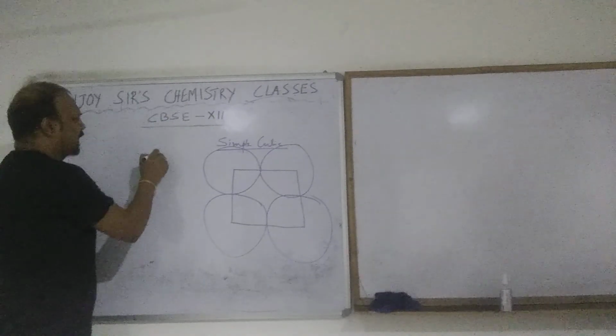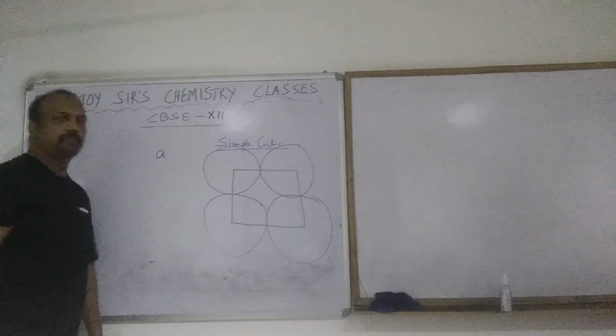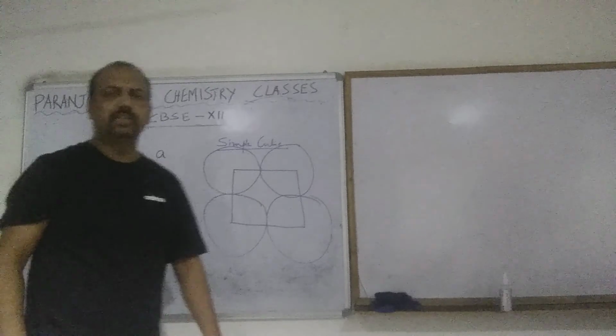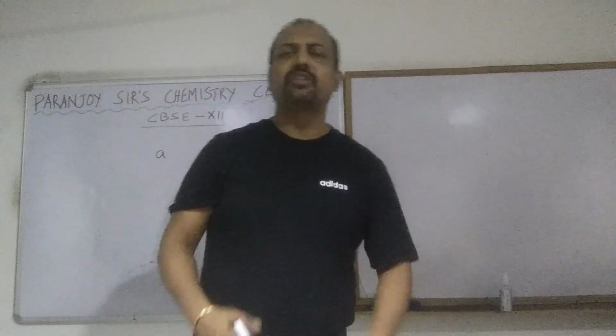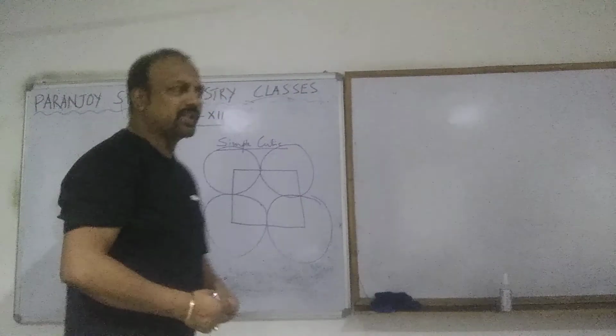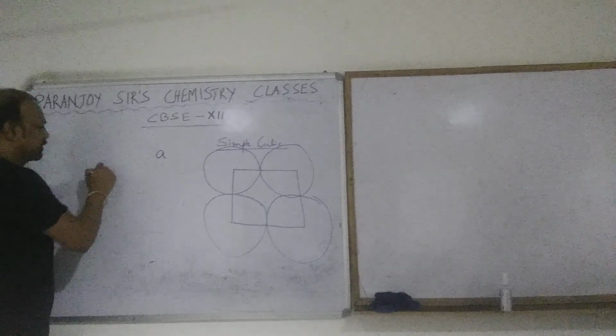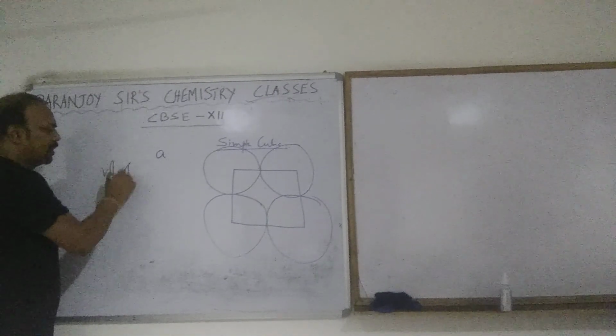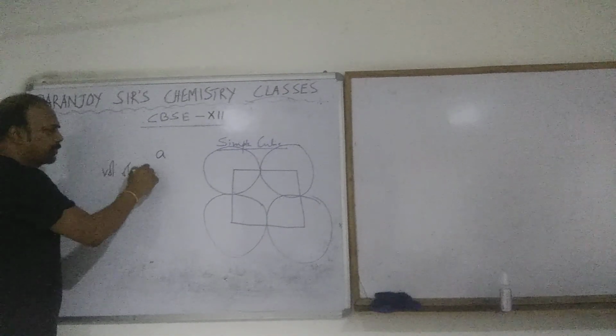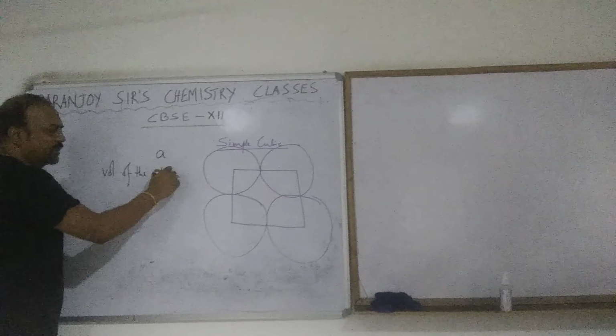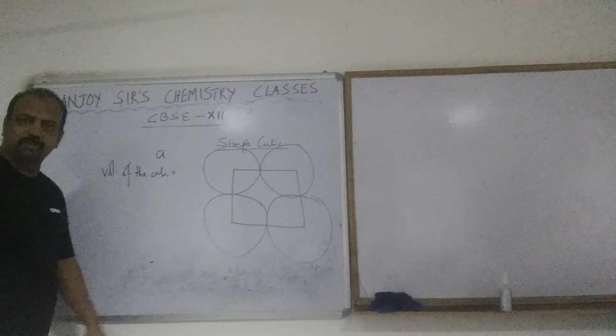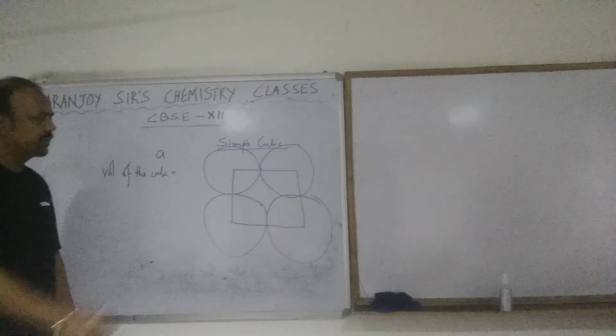So if the side of the cube is a, what is the volume of the cube? Right. Therefore, volume of the cube, as I told, is simple mathematics of standard 7 to 9. So volume of the cube is a cube.